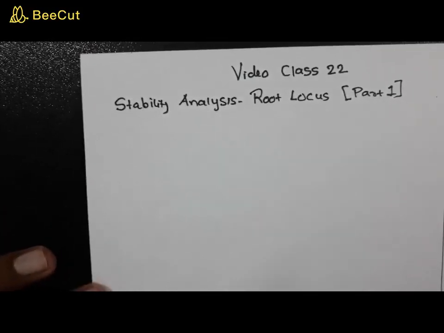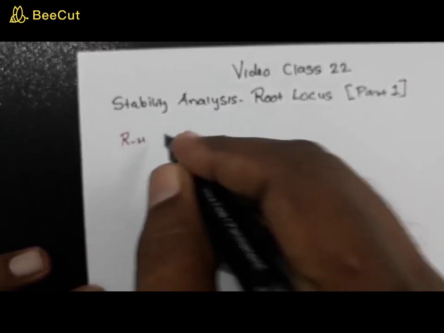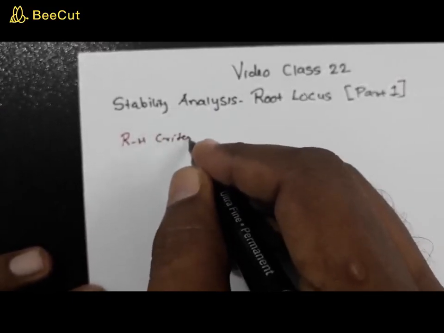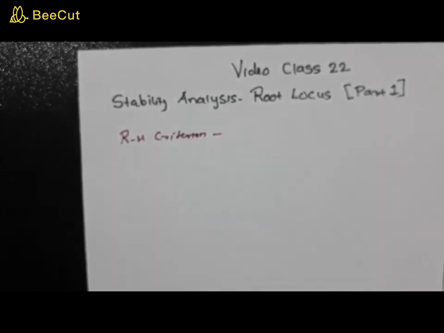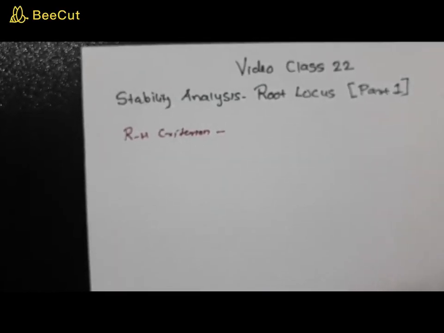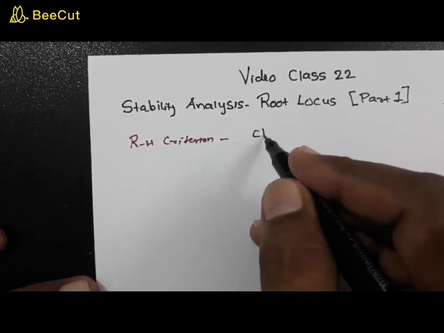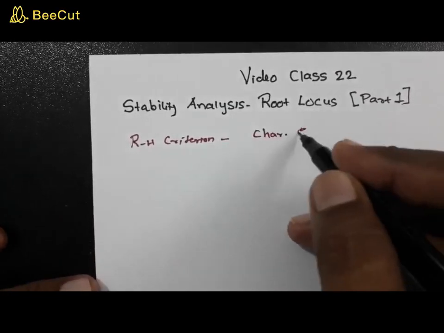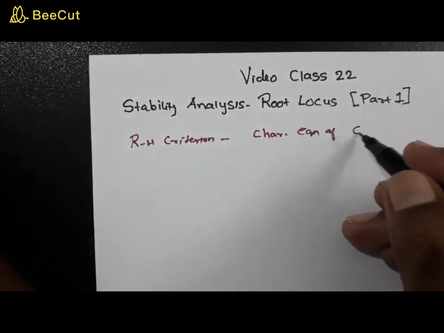In the previous videos, we have studied the RH criterion, right? Using this, we analyze the stability of a control system by using the characteristic equation of a closed loop system.